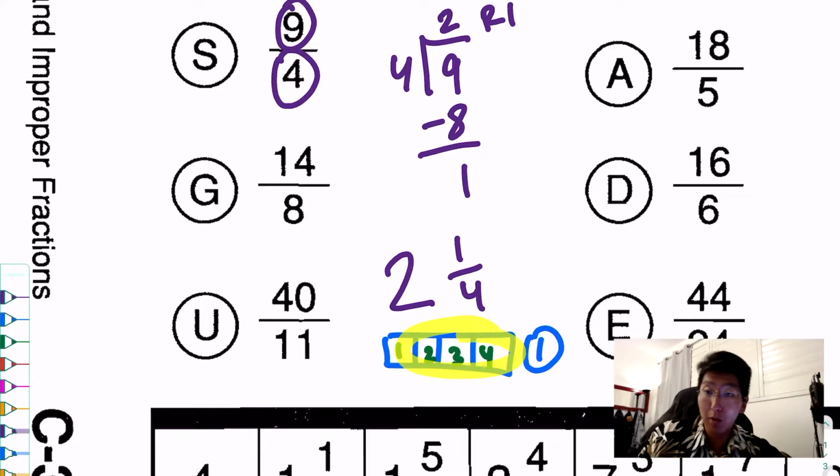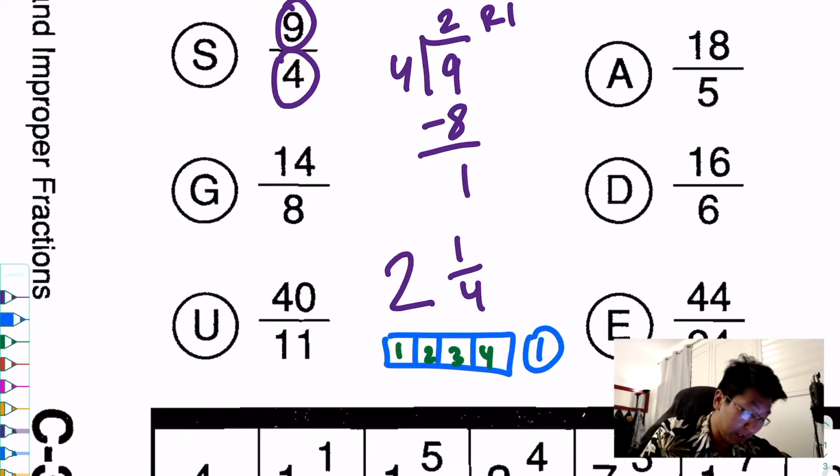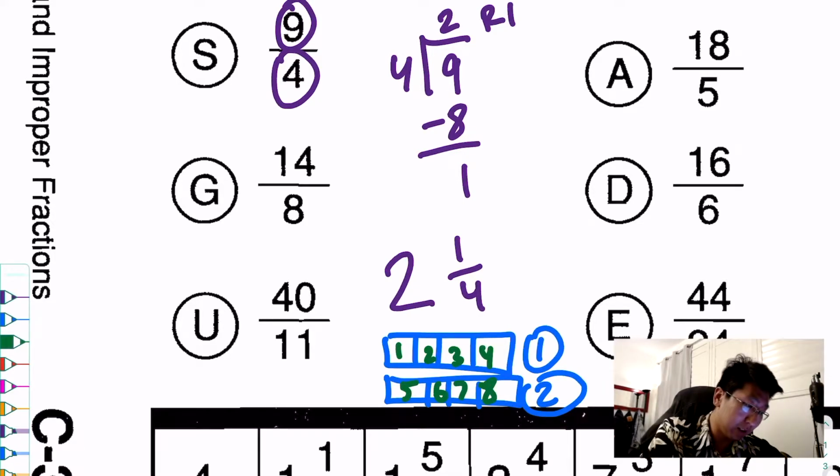Well, I don't have enough with 1 chocolate bar, and so I'm going to need to create a second chocolate bar, and break that up into fourths, and then there's 5 6 7 8, and there's still not enough. So I'm going to need to create a third chocolate bar, break it into fourths, and now I have almost 3, right? But I only need 9. And so here you can see 1 2 3 4 5 6 7 8 9. So this gets us 2 whole chocolate bars and 1 out of the 4. And that's where these numbers are coming in.